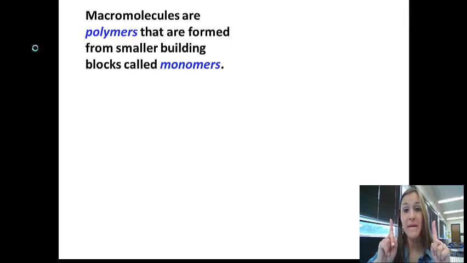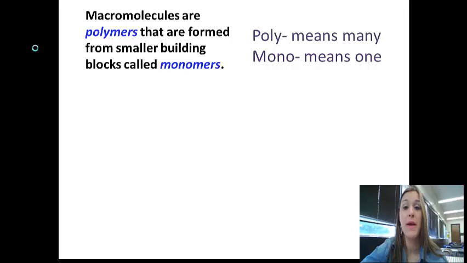So these big molecules are known as polymers. Poly means many. So macromolecules are polymers, large molecules, that are formed from monomers. The word mono means one. Okay? So if I have one tiny little Lego, right, that's not building anything.